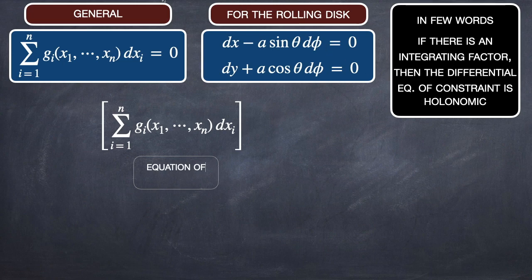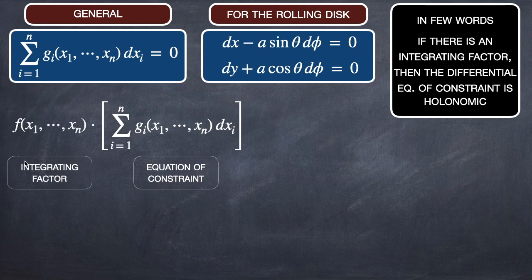So we're going to multiply the equation of constraint, which is 0, by the function f, the integrating factor. And this is equal to this exact differential.